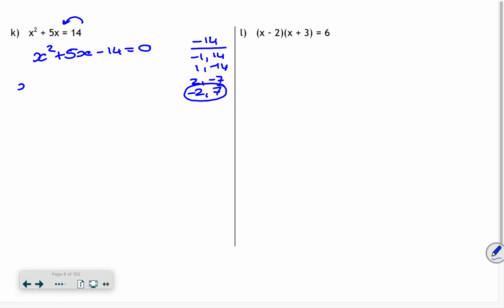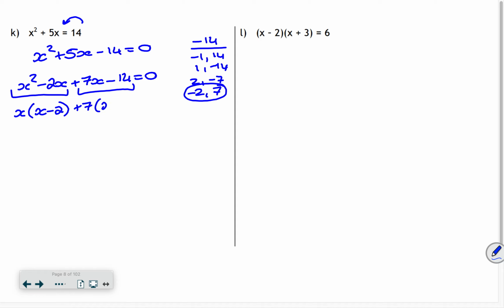So that will be x squared minus 2x plus 7x minus 14 is equal to 0. Many common factorise. So that will be x bracket x minus 2, and then we have plus 7 bracket x minus 2 is equal to 0. So that will give me x plus 7 and x minus 2 equals 0. So x has to be negative 7 and x has to be 2.